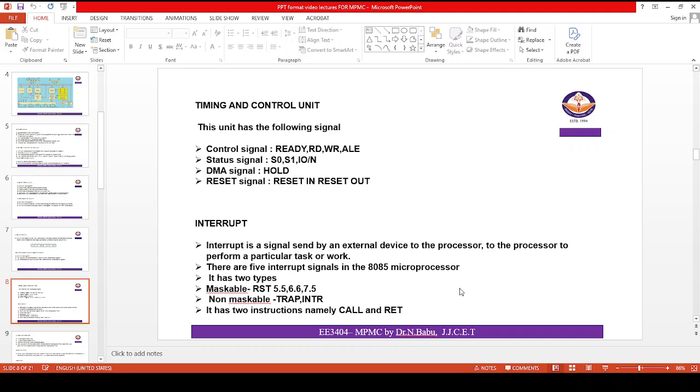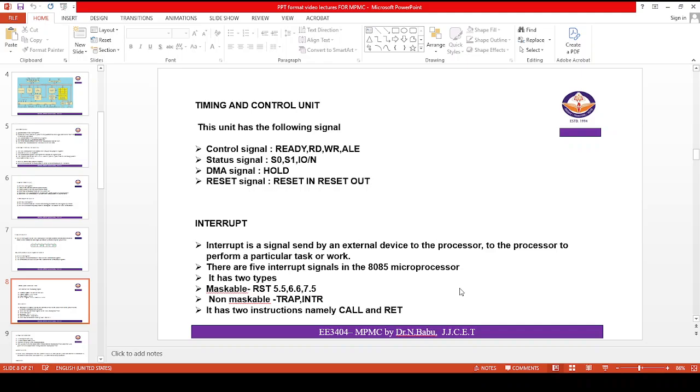IO/M bar is an active low signal. Active low means 0 is active. So if the value of IO bar, M bar is 0, the processor accesses memory. If IO bar, M bar is equal to 1, the processor accesses IO devices, or external devices, or peripheral devices. Okay, it is one of the status signals.